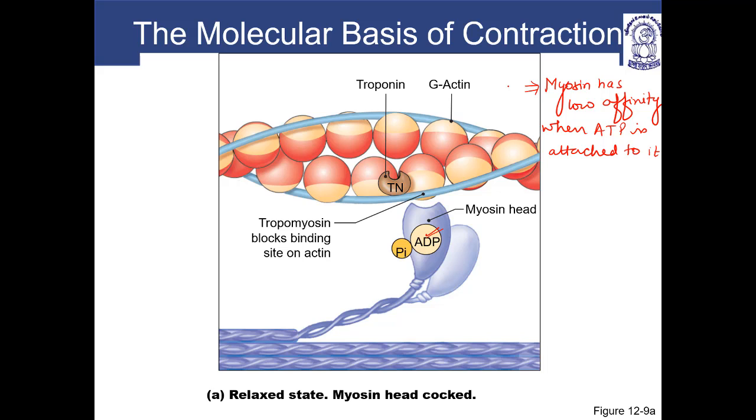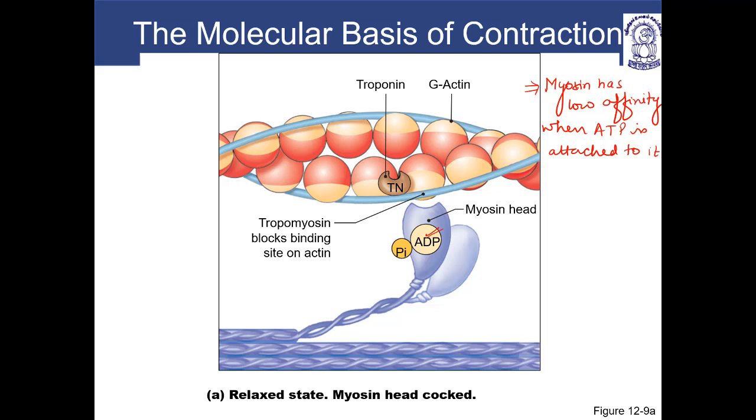The myosin has a low affinity for actin, so it needs to enhance its activity. When the myosin head attaches with ATP, the myosin head shows ATPase activity. So myosin with ADP and inorganic phosphate has high affinity for actin.